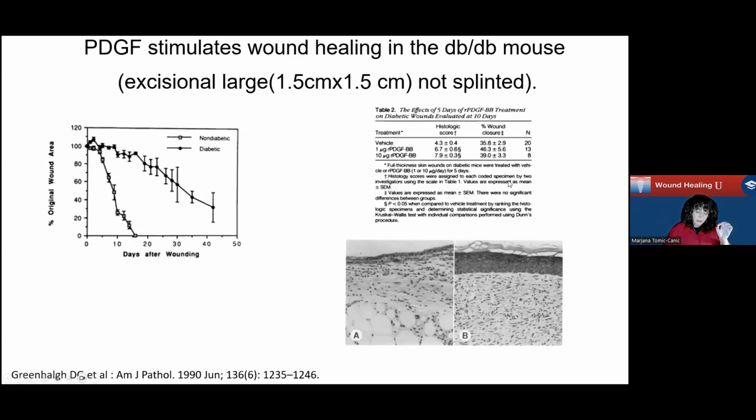Even within the mouse model, depending on which model you choose, you might get different effects. This was the primary preclinical testing of recombinant PDGF that showed it stimulates wound healing in diabetic mouse. These are excisional, non-splinted wounds.